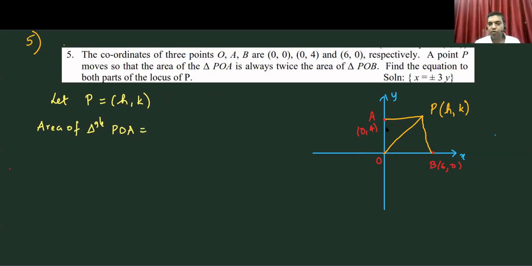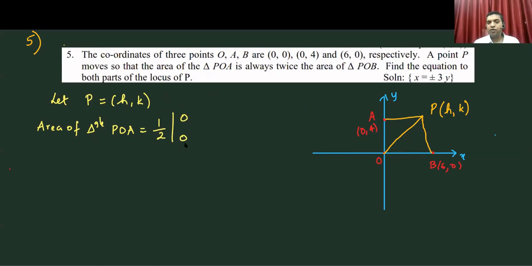It doesn't make a difference. It is half modulus of, start with (0, 0), it is easy because you have to find the area of triangle.